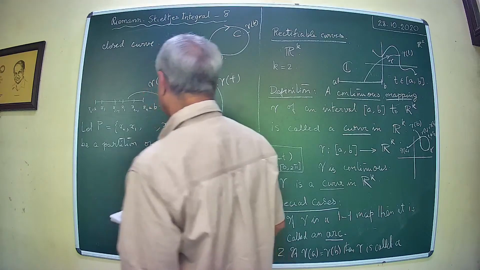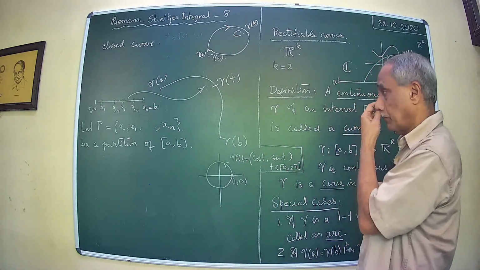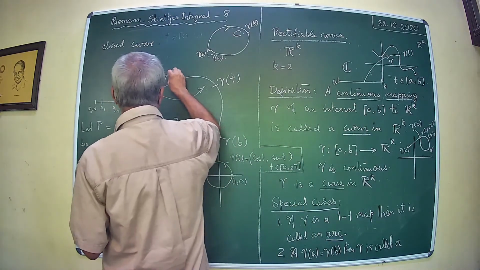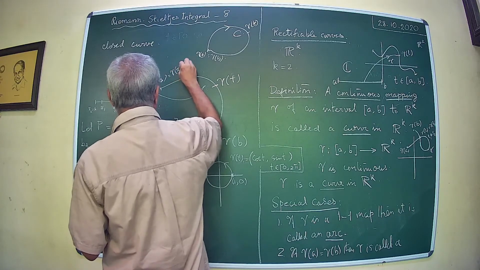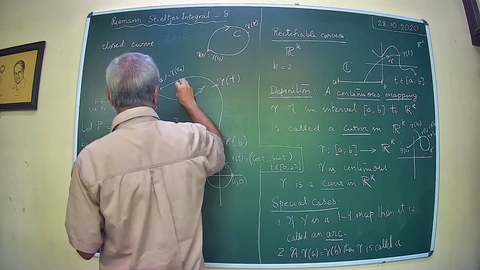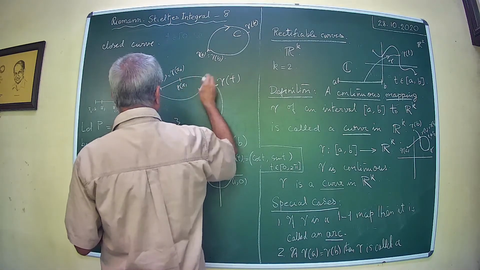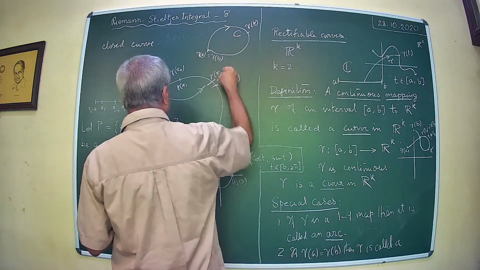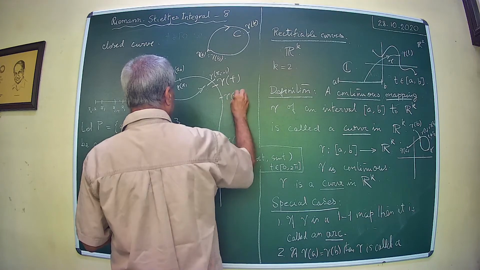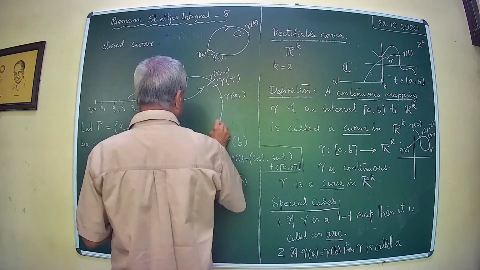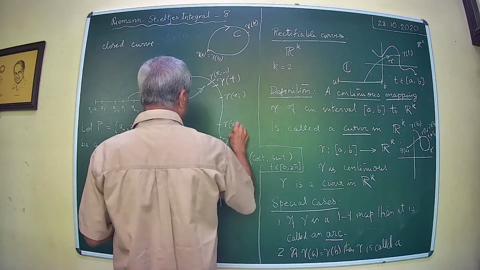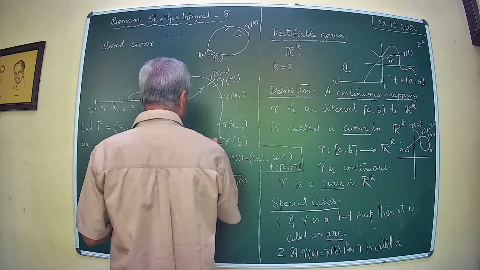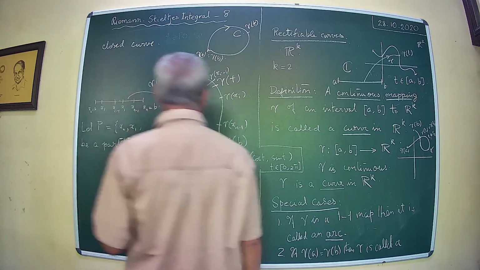So we have gamma A equal to gamma x naught. Then you have gamma x1, gamma x(i-1), gamma xi. Then you have gamma x(n-1) and gamma xn equal to gamma B. This is the picture.